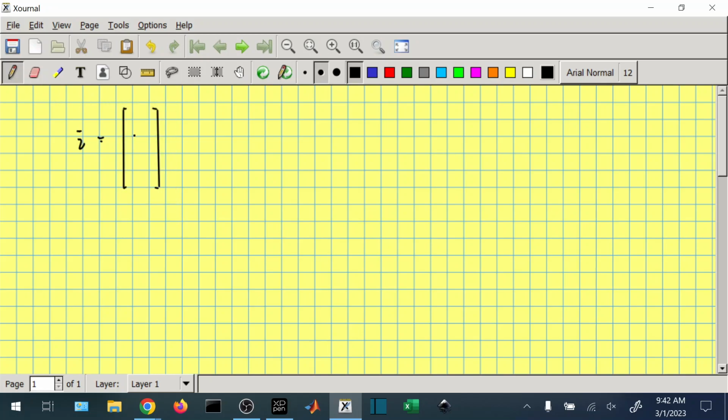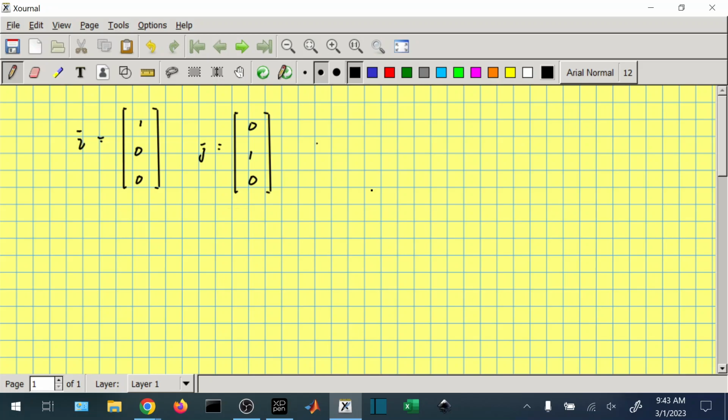And j hat, we mean the vector 0, 1, 0. And what is the span of these two vectors? Okay. What is the span of these two vectors?